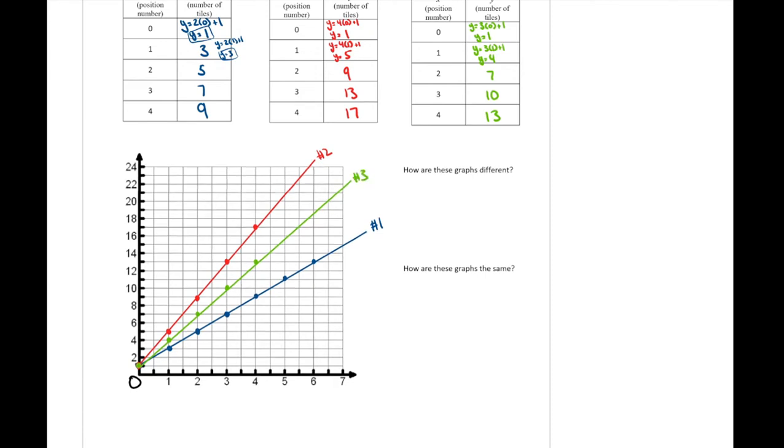So what we want to look at is how are these graphs different? So how are these three lines different from each other? Well, visually looking at it, hopefully we can see they have different slopes, or you could say different steepness between all three.